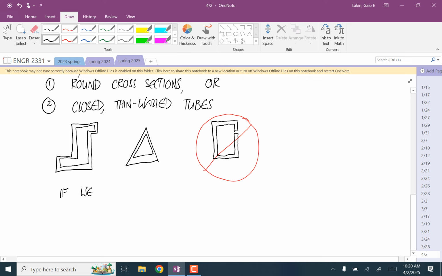So if we have non-zero internal tension, shear force, bending moment, and torque, what cross sections are still available?